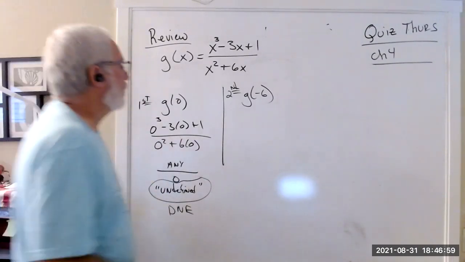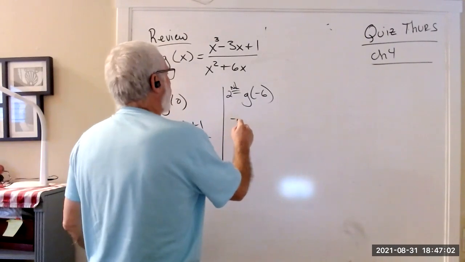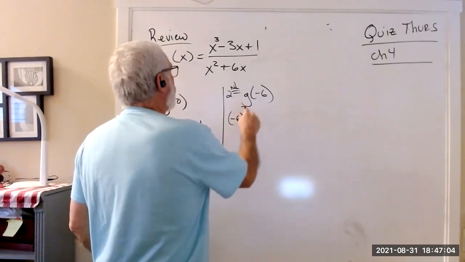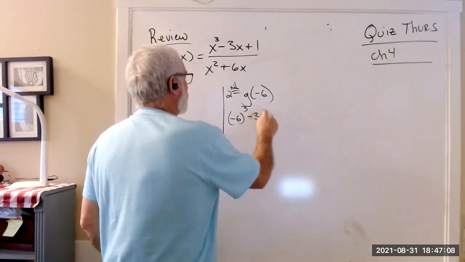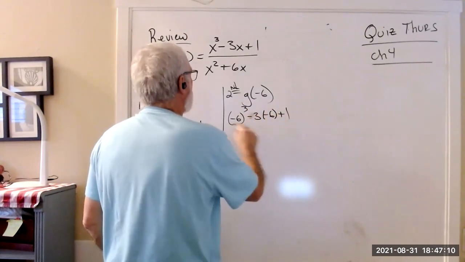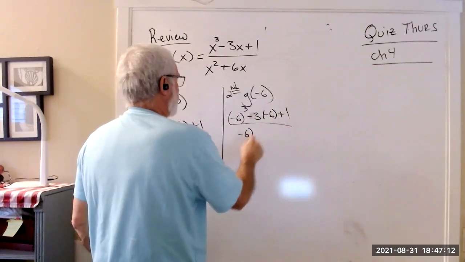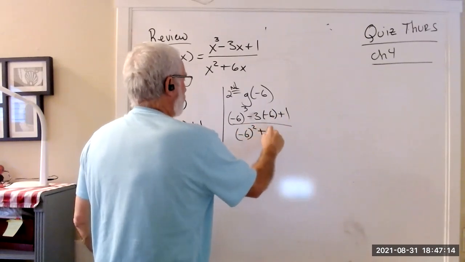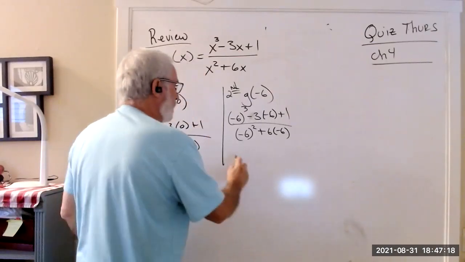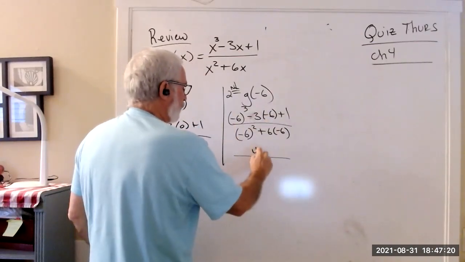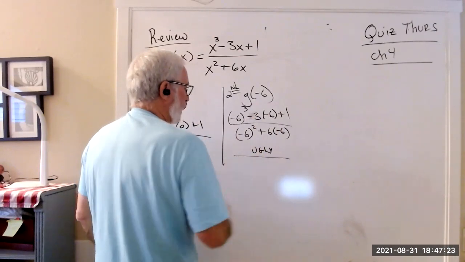Okay, moving over here, we have negative 6 quantity cubed, minus 3 times negative 6, plus 1 over negative 6 squared, plus 6 times negative 6. Again, the top is just going to be ugly here. I don't know what it is.